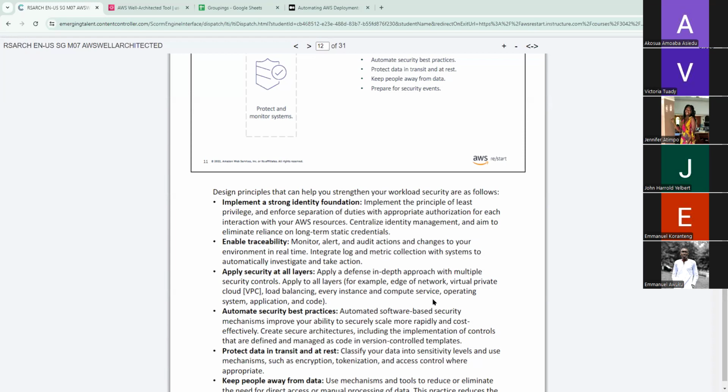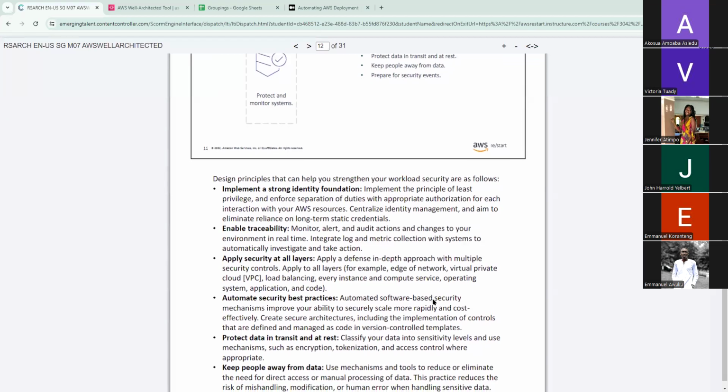And protecting data in transit and at rest. We've looked at encryption in this class before. Tokenization: a typical example of tokenization is when you are trying to log in somewhere and then they send you a code or a token that you can use to access some resource, and then when you're done or when it expires, you no longer have that access.